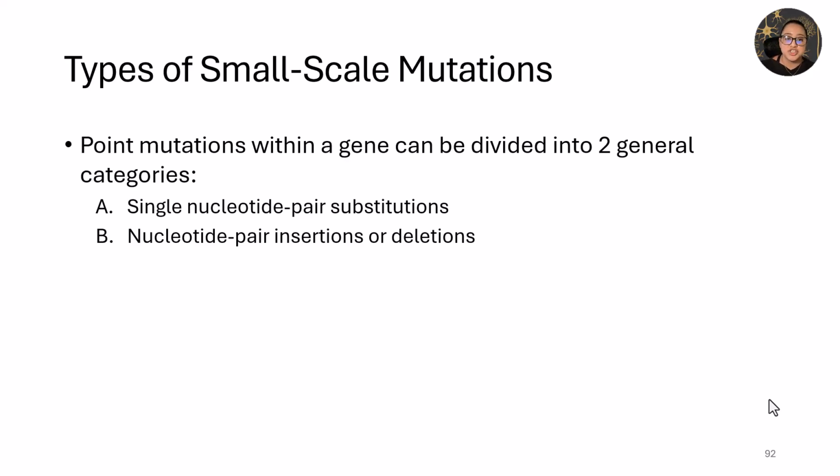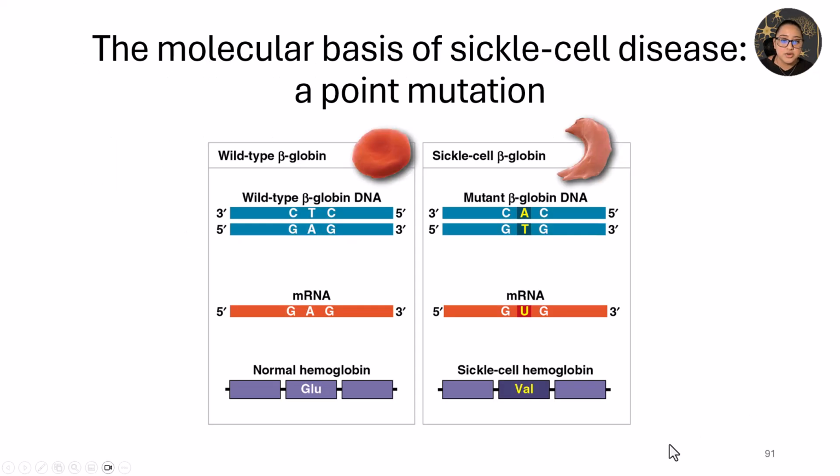Point mutations within a gene can be divided into two general categories. There could be a single nucleotide pair substitution, or there could be nucleotide pair insertions or deletions. This is an example of a substitution.